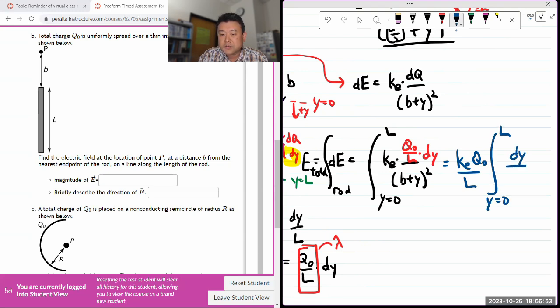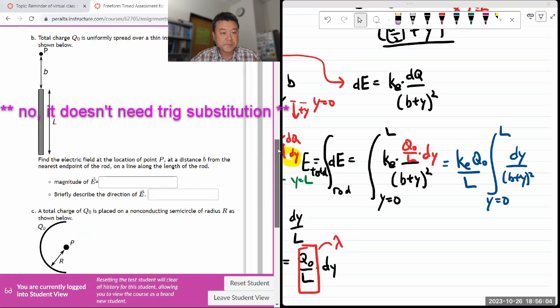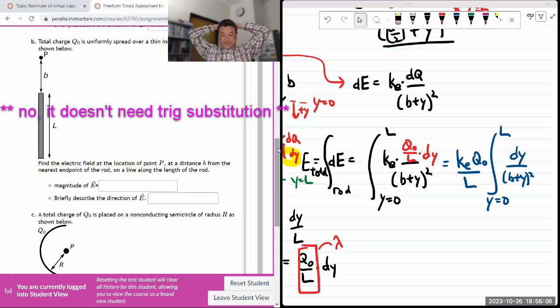Am I going to need b plus y squared? This is one of those integrals that needs trig substitution. 7 minutes. Can I do trig substitution? It's been a while. Let me try doing it by hand.